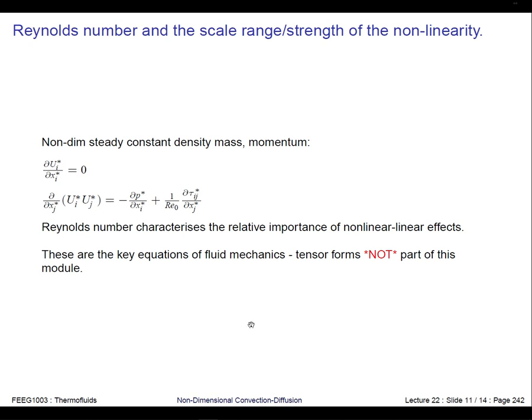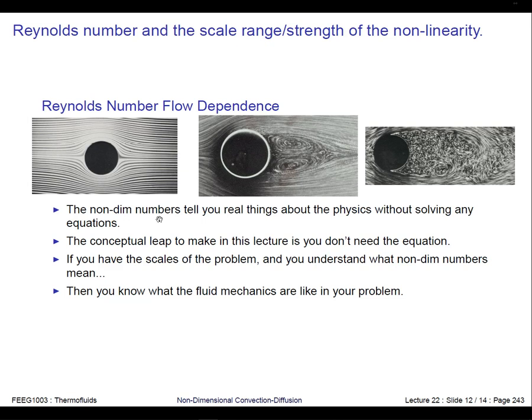This is an example of the flow past a cylinder at different Reynolds numbers. This is the Reynolds number where it's really small, this is a medium Reynolds number, and this is a high Reynolds number. In this photo, the viscous forces are relatively very strong compared to the inertial or convective forces.